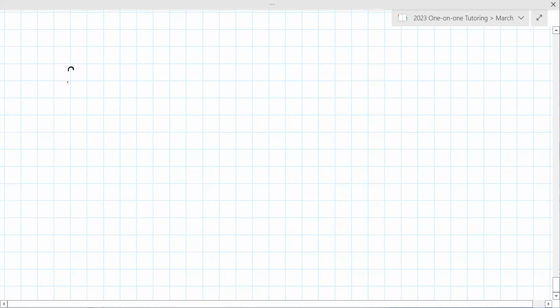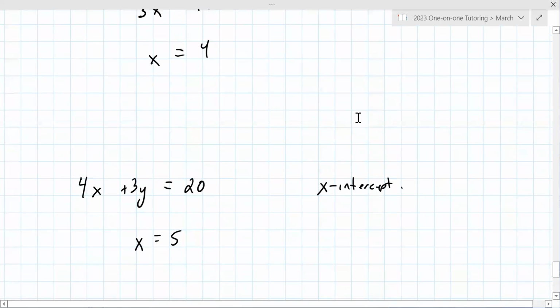Let's say it's 2x plus 2y equals 6. This time I want the y-intercept. What does that mean x becomes for the y-intercept? What is the value of x? Okay, let's go back and look here.